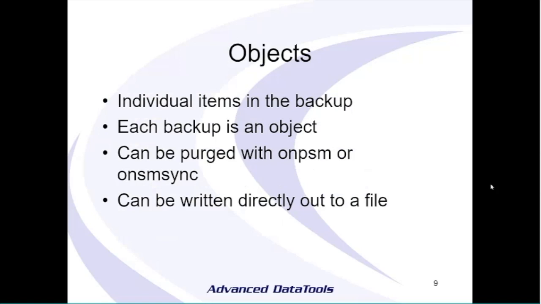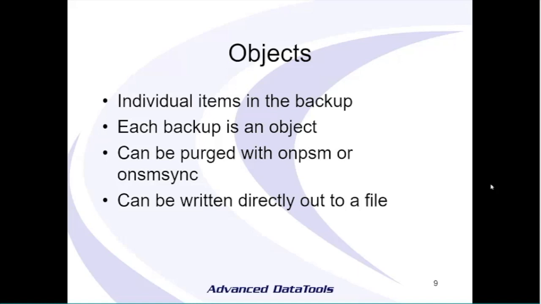So each of these is an individual object that can be individually managed, tracked, and viewed inside of the PSM catalog. You can also use the PSM tool or the onsmsync tools to actually purge objects and to clean up the catalog. You can also, if you want to, dump individual files directly out to disk, which is a really nice feature if you're doing restore or testing or otherwise.